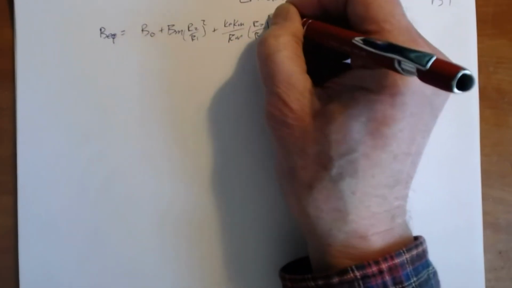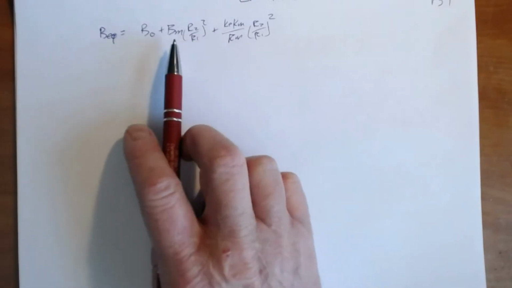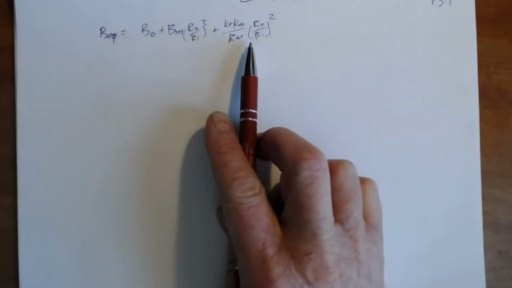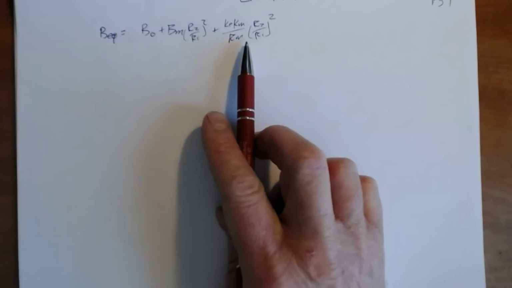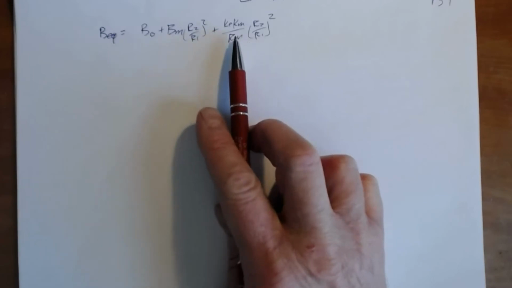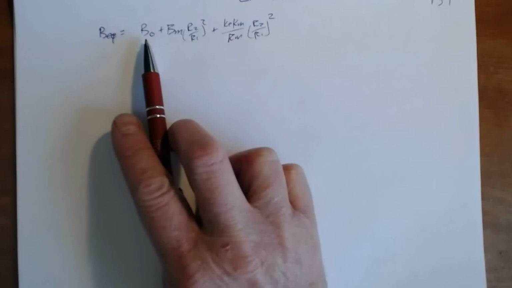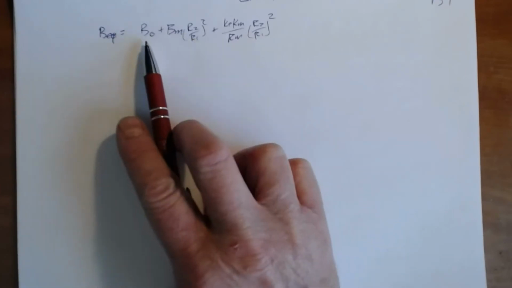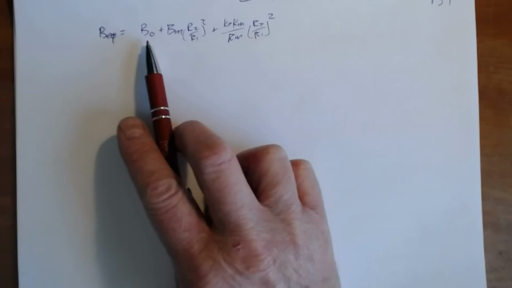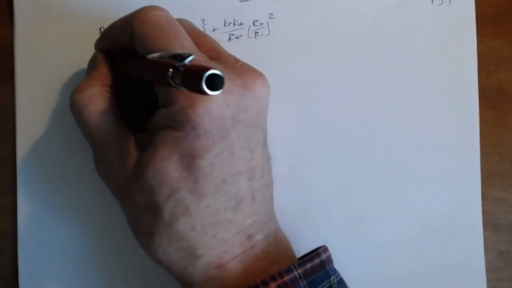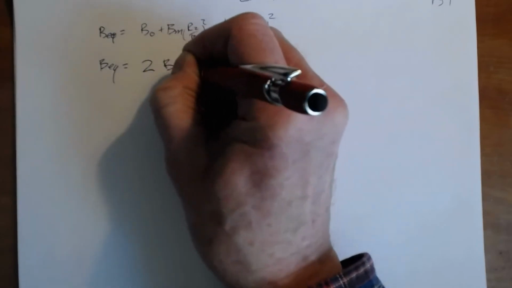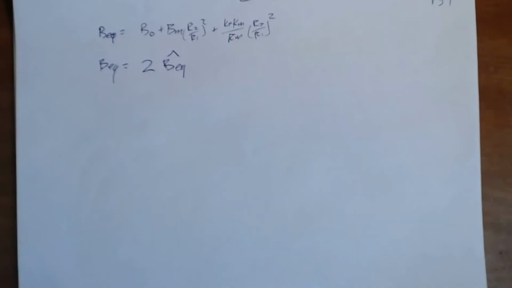So one thing I want to point out is that even if there's no motor or output damping, we still get some electrical damping that has to do with the back EMF. So in some of our problems, we just ignore these things. But what if we can't ignore these things? And that the real B equivalent is equal to twice what we estimate the B equivalent to be.